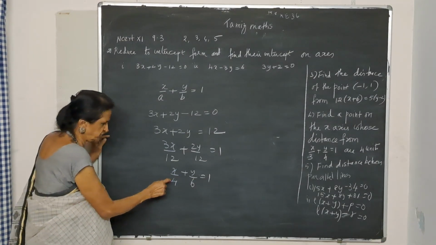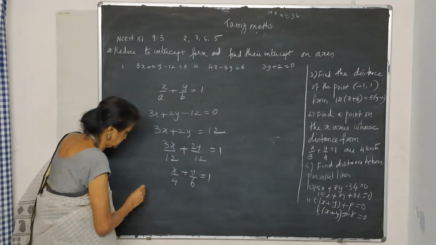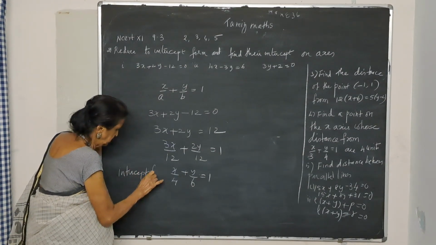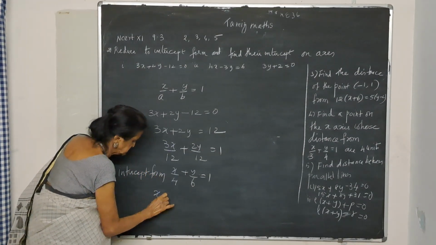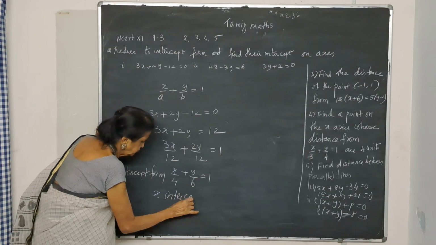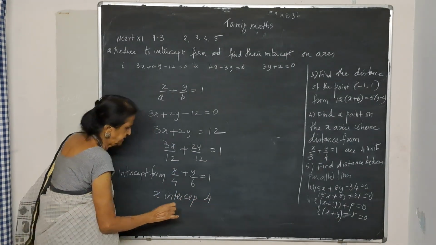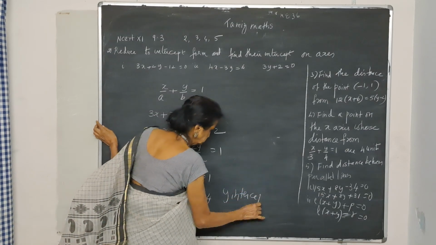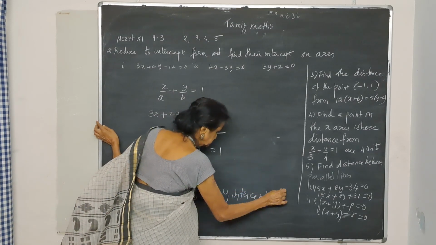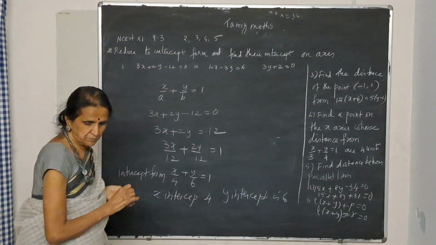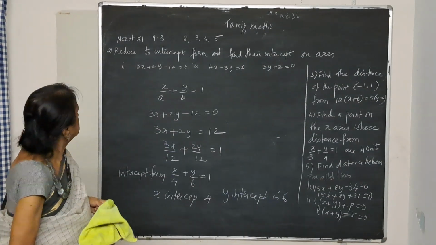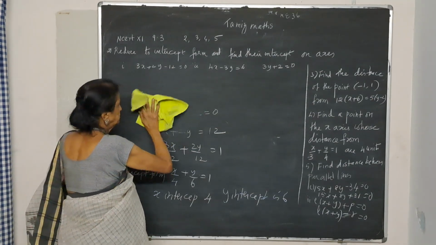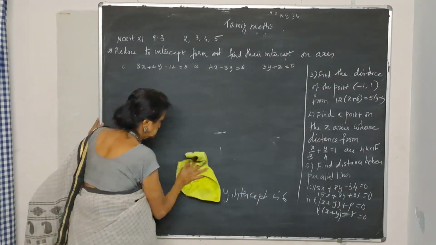So the intercept form of the line is this, and the x-intercept is 4 and the y-intercept is 6. Okay, this is problem 2 subdivision 1.